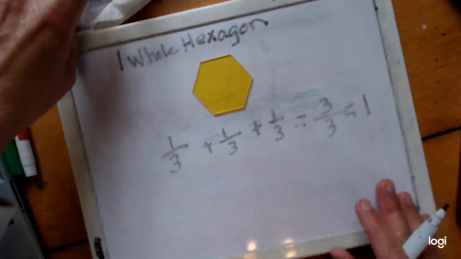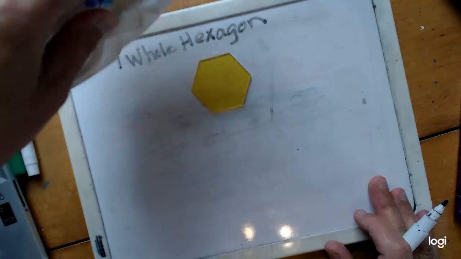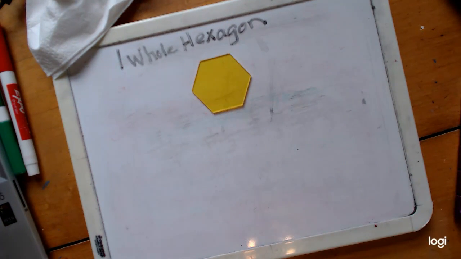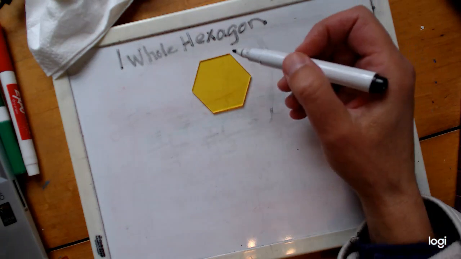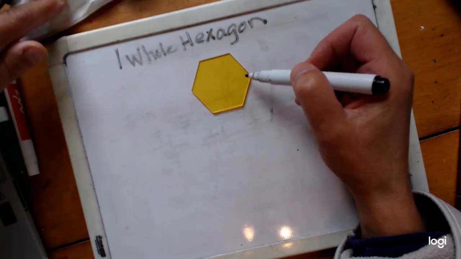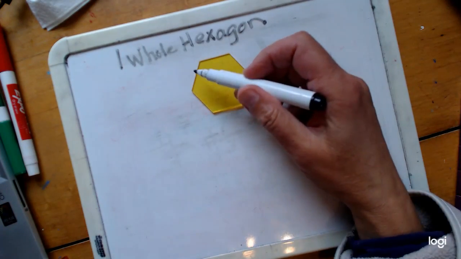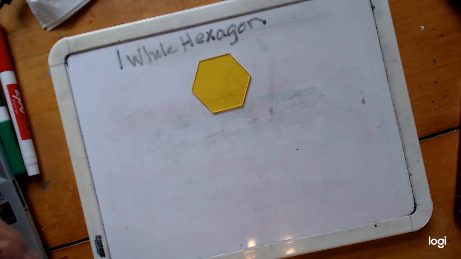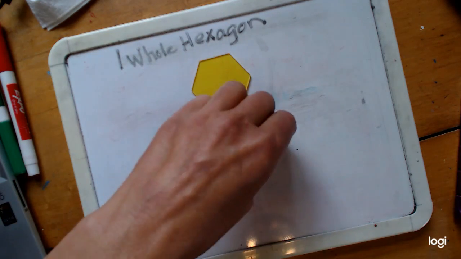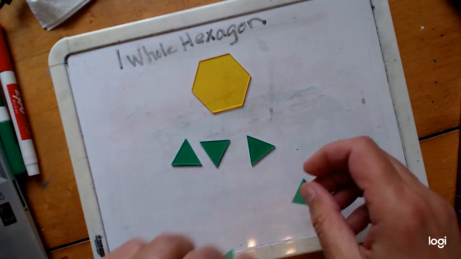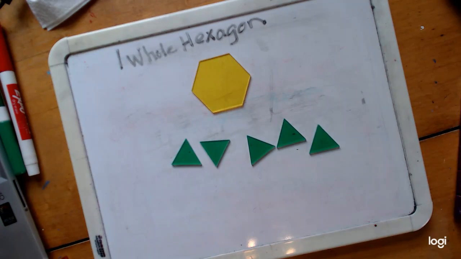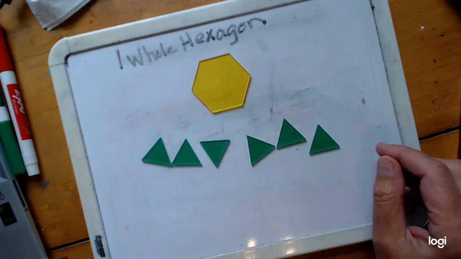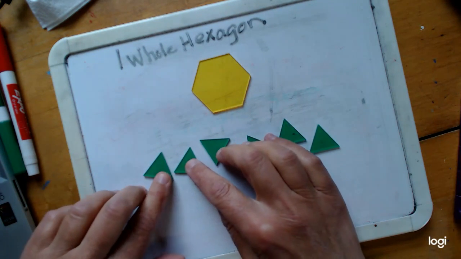Okay, we can go even farther if you want to, because a hexagon has how many sides? 1, 2, 3, 4, 5, 6. So guess what? We can take 6 triangles and make these 6 triangles into one whole.